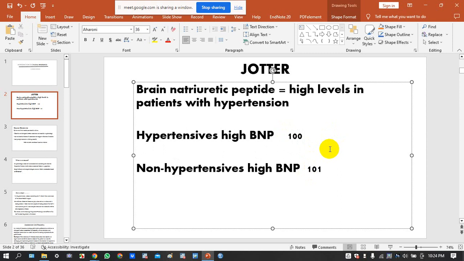There is no statistical significance, so the P value is greater than 0.05, meaning that there is no significance. Why is it that this marker is supposed to be high in hypertensives than non-hypertensives, but it's the same? Meaning that we have to look at the people that we recruited.